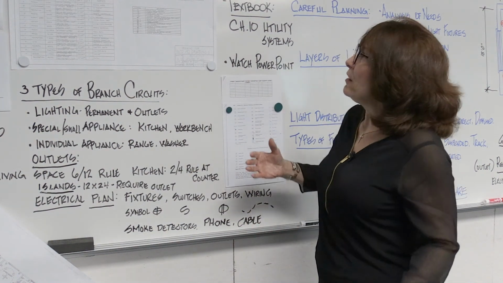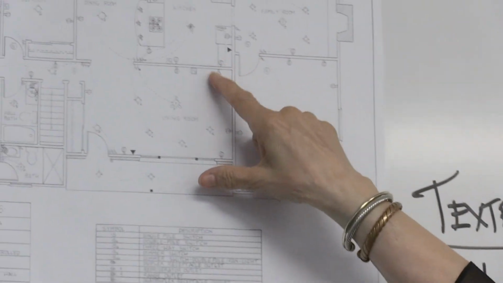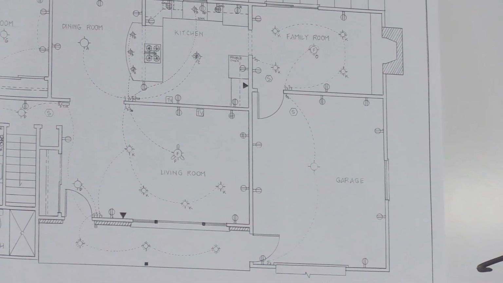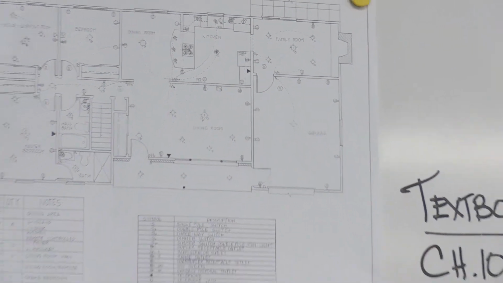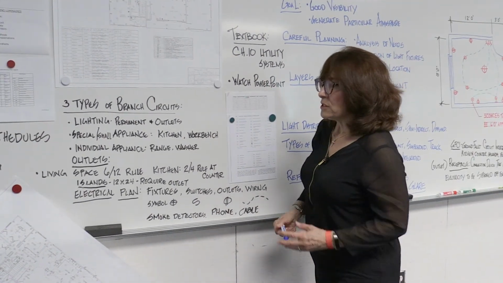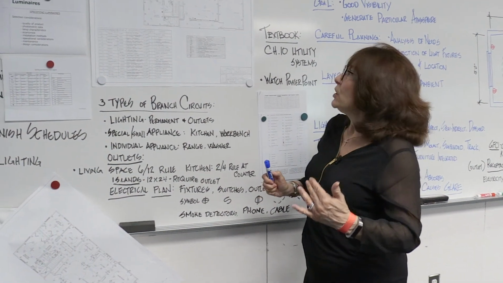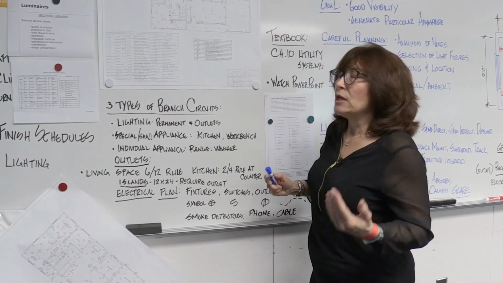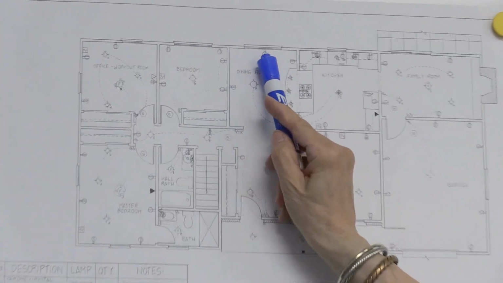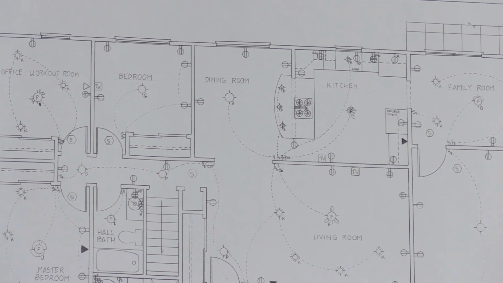In terms of outlets, you're going to have to identify outlets throughout the house, and there are a few rules that you want to understand. One of the rules is that in living spaces, they have a 6-12 rule. The 6-12 rule is that you have to place an outlet within 6 feet from a wall or a break in a wall.